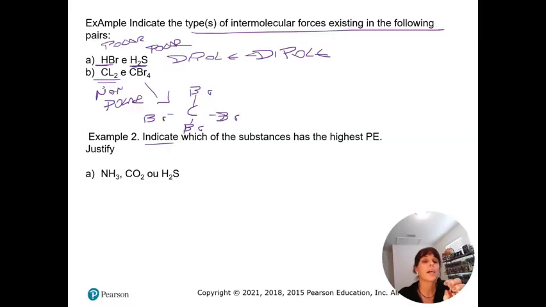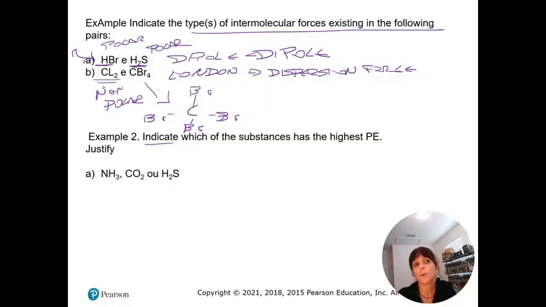So the intermolecular force between two non-polars will be London or dispersion force. So dispersion force exists in every single molecule. That means here we have dipole, but we also have a dispersion force. Okay, we always have dispersion force because the electrons are always in movement.